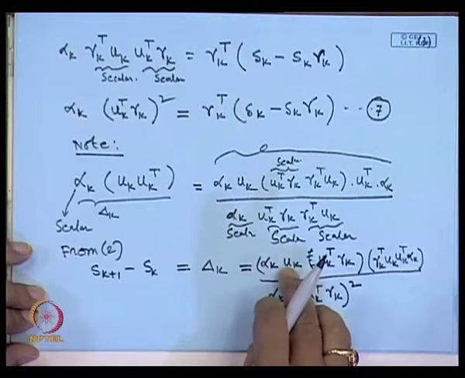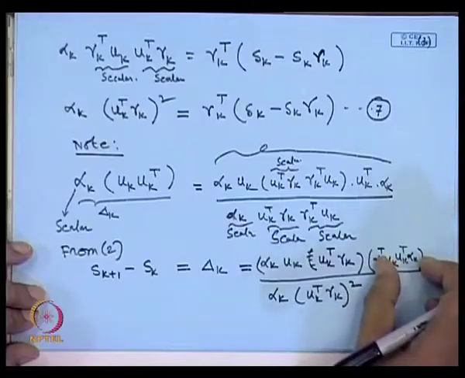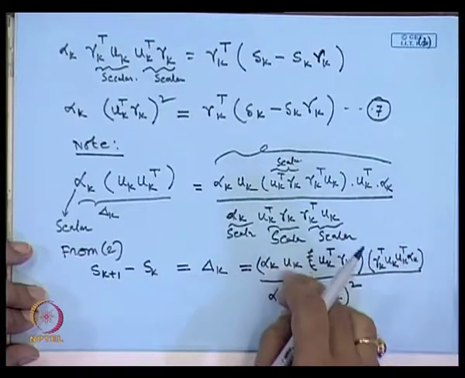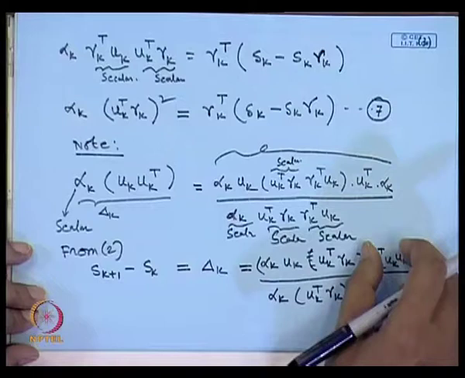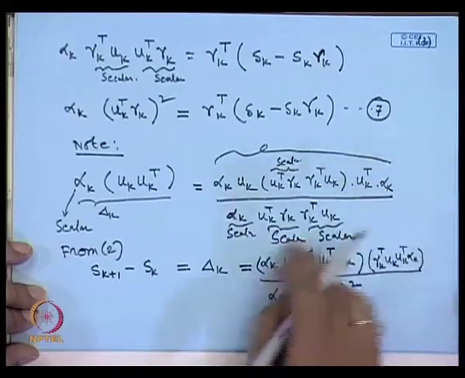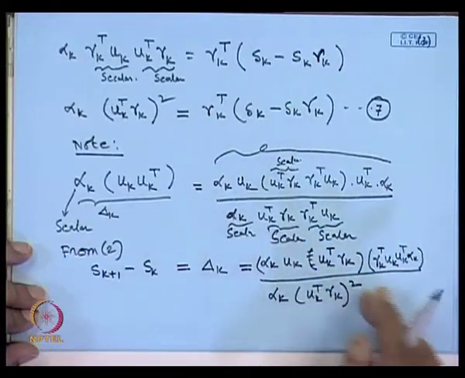U k is a column vector whose dimension is n rows, 1 column, and this is the transpose of that one, which will be a row vector. So, a column vector post-multiplied by a row vector results in a matrix. So, I am getting this one again.